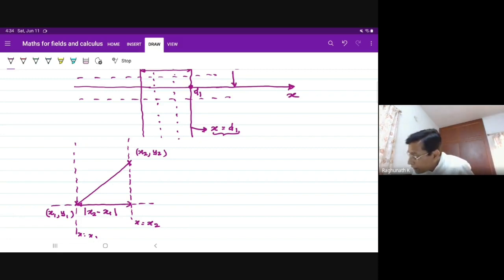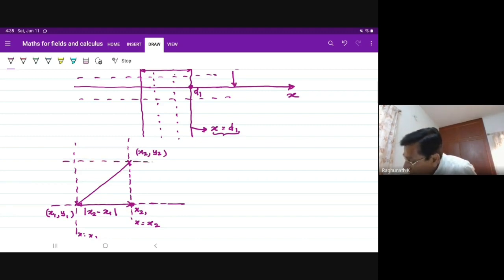This is actually this point. What is the coordinate of this point? It is lying on x is equal to x2 line and y is equal to y1 line, right? This is x is equal to x1, x2.